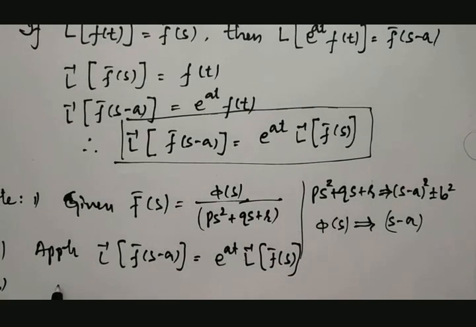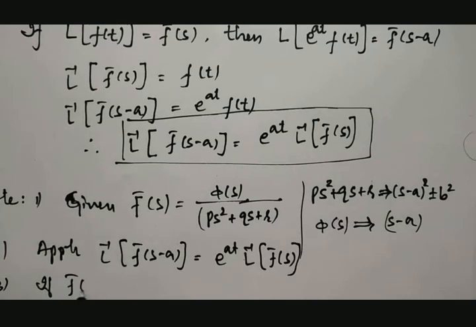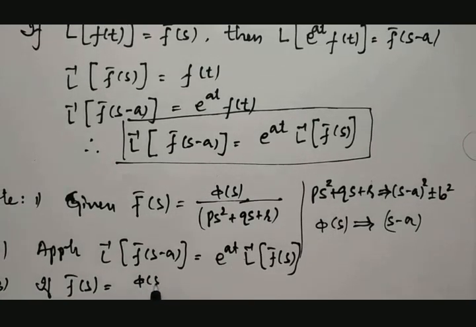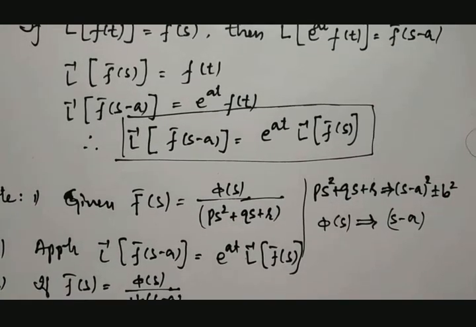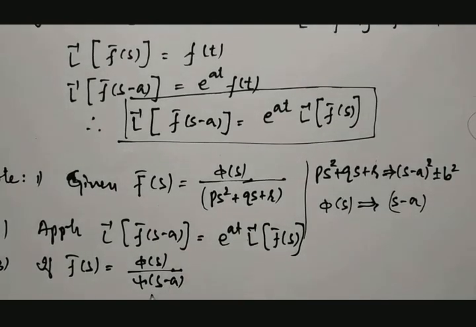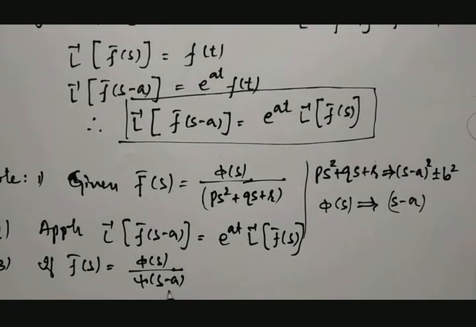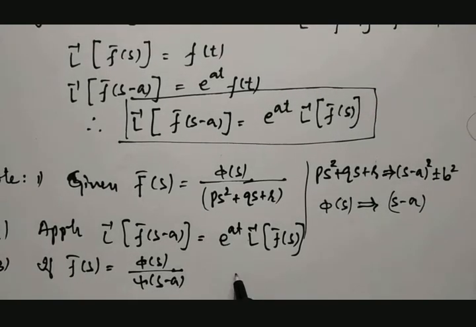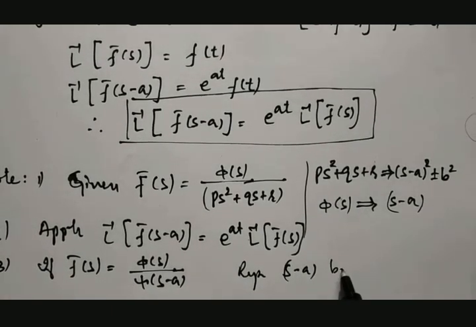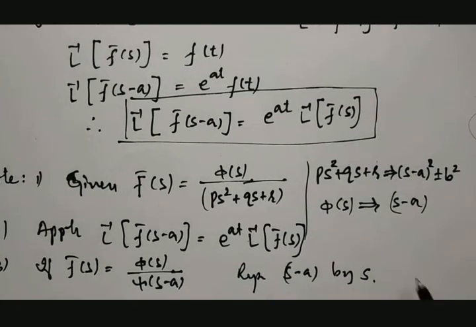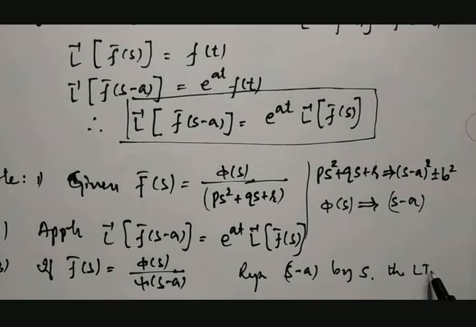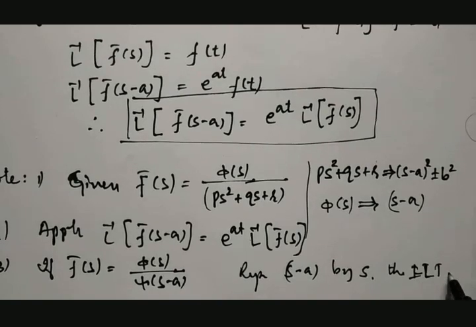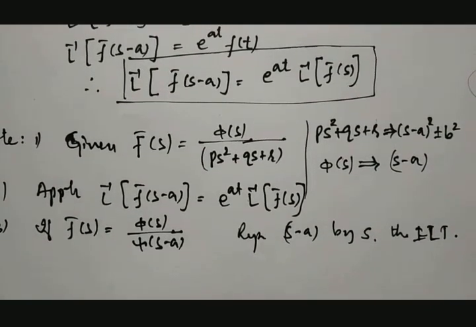In the third stage, if f bar of s is equal to phi of s divided by xi of s minus a, you can see the denominator comes with s minus a, whereas the numerator comes with s. Therefore, we replace s minus a by s. Then we apply the inverse Laplace transform. These are the three steps you can remember.